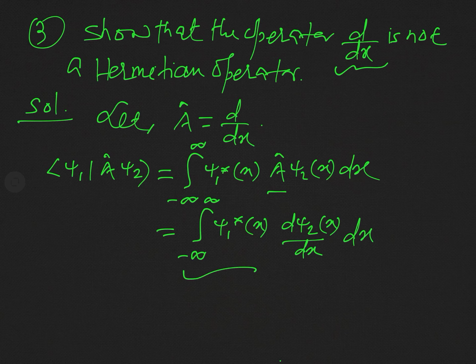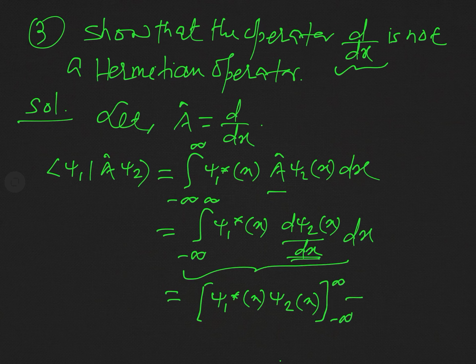Now we will integrate this by integration by parts. So what will be this? Our first function is psi 1 star of x and the integral of the second function d psi 2 by dx will be psi 2 of x, and the limits are infinity and minus infinity.